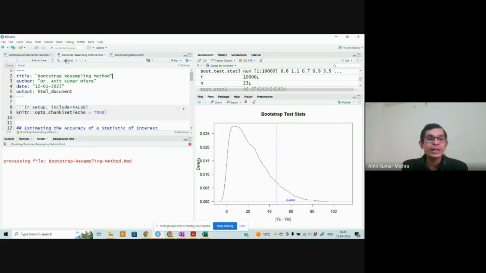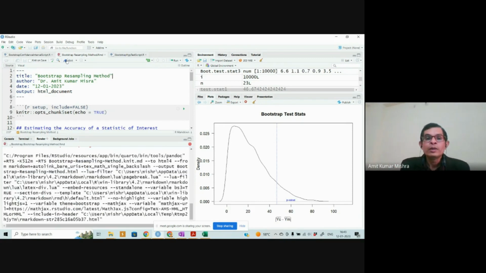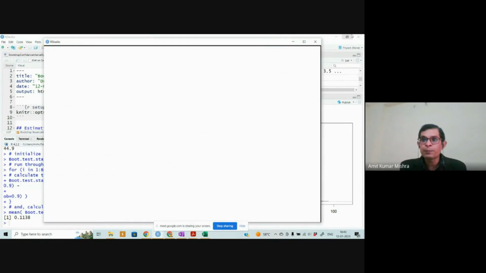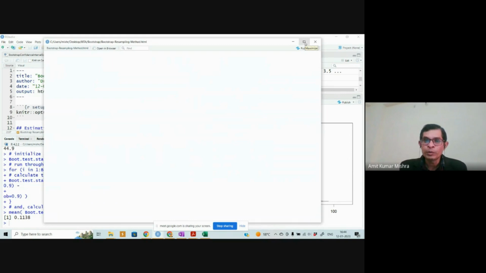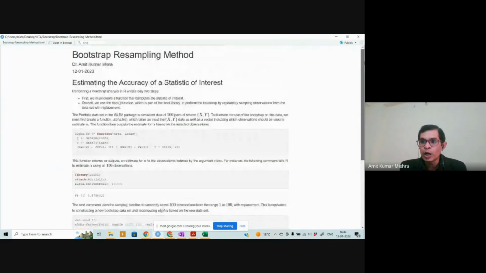That means there is an inbuilt function which is the boot function. From the boot package, remember that when I am saying boot package, you have to install that package and take the library. So I am going to discuss that example from the book with the help of the package. Then if time permits, I will show you how to find confidence interval also.